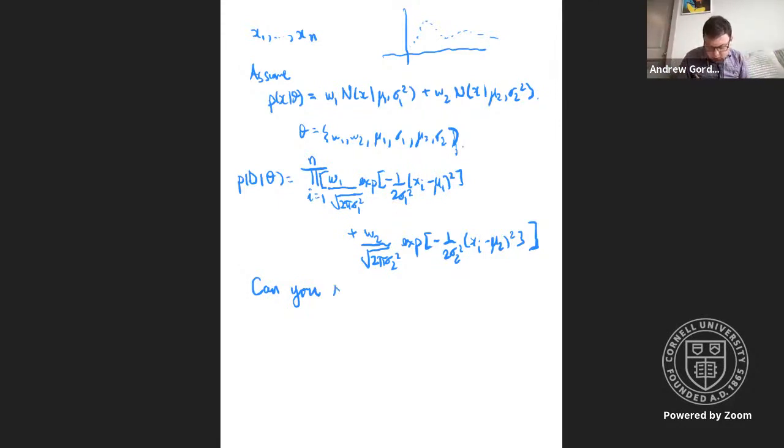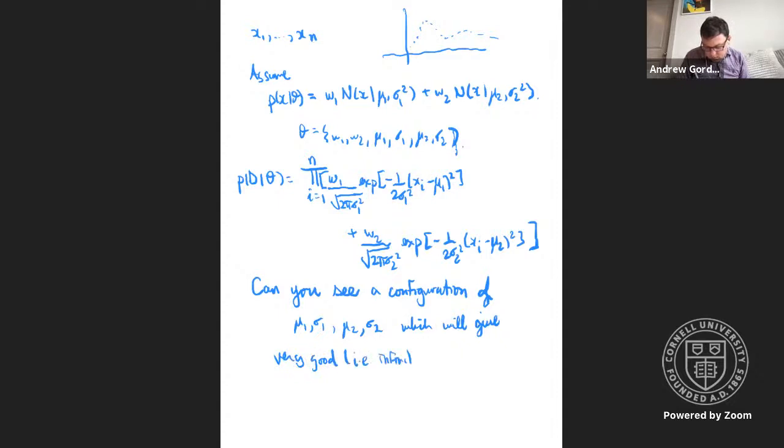Can you see a configuration of mu1, sigma 1, mu2, sigma 2, which will give us very good, i.e. infinite, likelihood P of D given theta?